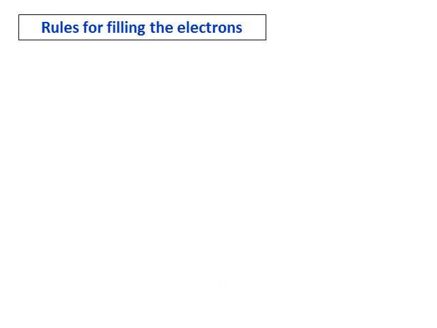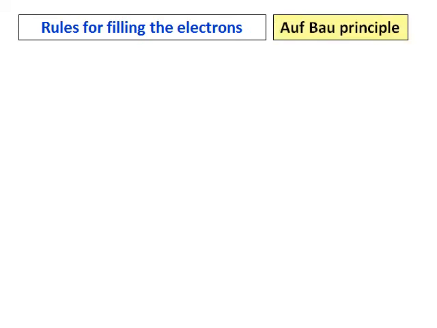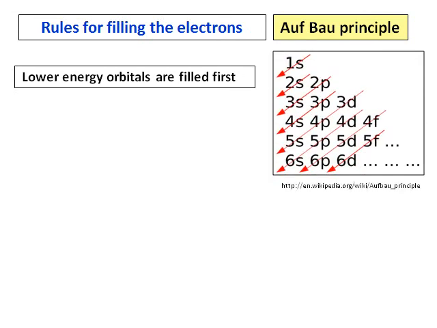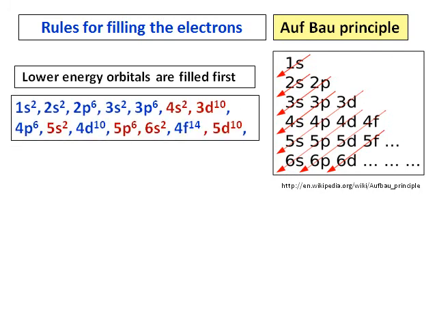So let's learn about some of the rules that have to be followed in order to fill in the electrons. The first one is the Aufbau principle, and according to this, the lower energy orbitals are filled first. The figure on the right hand side tells us how the energies are arranged and the order in which it has to be filled in.